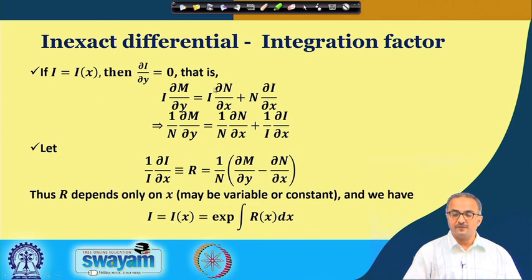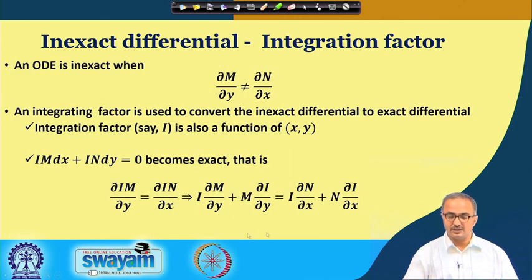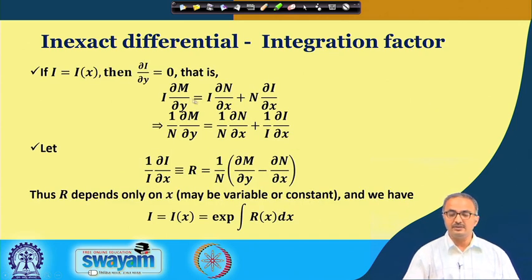Now, from the previous equation, we can put ∂I/∂y equal to 0, and then we obtain this particular equation. After this we rearrange the equation by dividing the whole equation by NI. Once we divide by NI, we get this particular equation.